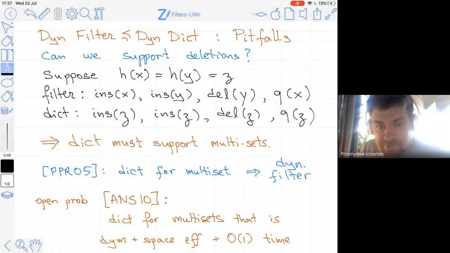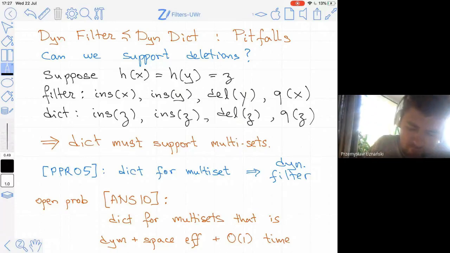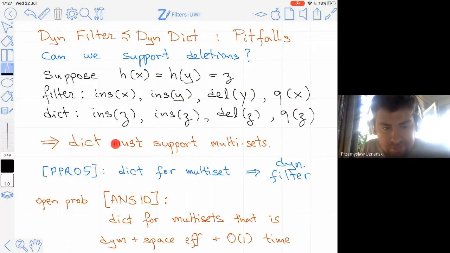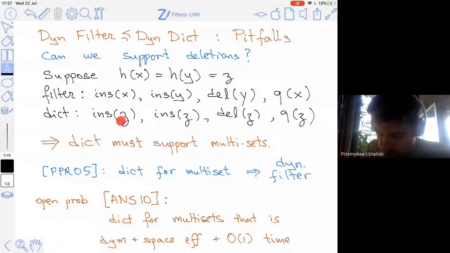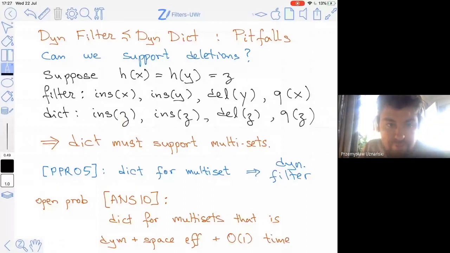Well, if you want the dictionary to respond correctly, then the dictionary must support multisets. It must know that z had a multiplicity of 2, and this deletion only decreased the multiplicity by 1, and therefore this query should answer yes. And in fact, Pagh and Rao back in '05 used a design for a dictionary for multisets in order to obtain a dynamic filter.